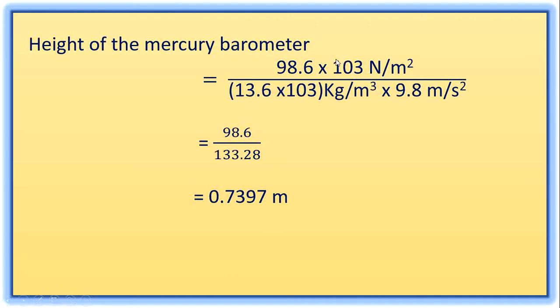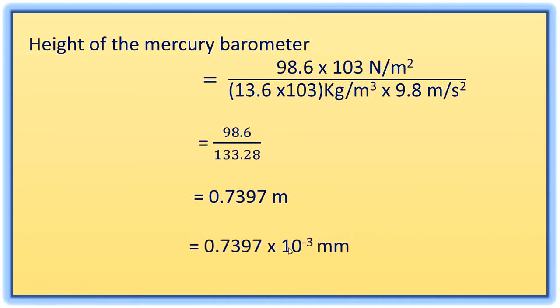We can write kilo as 10 power 3, and here also 13.6 into 10 power 3, that is the density of mercury value 13,600. So both 10 power 3 and 10 power 3 get cancelled, and we have 98.6 by 133.28. When we divide this, we get 0.7397 meter.